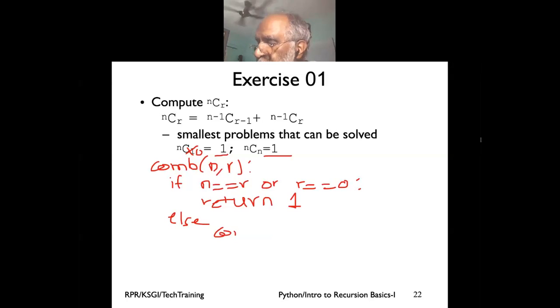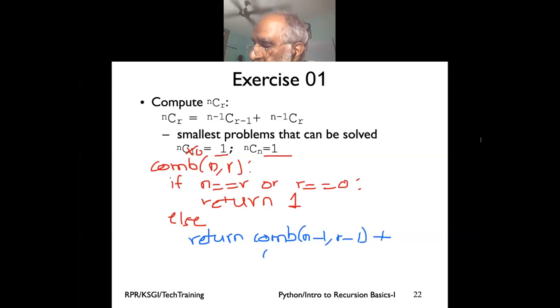return combination n minus 1 comma r minus 1 plus combination n minus 1 comma r, and we'll get the answer.